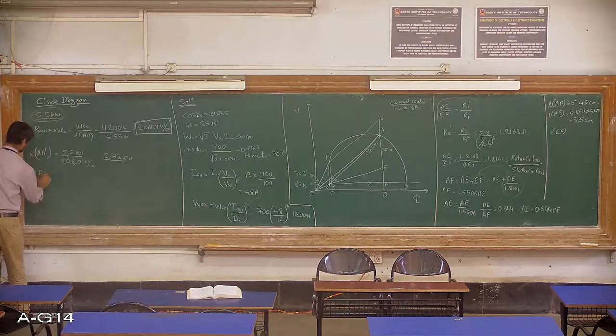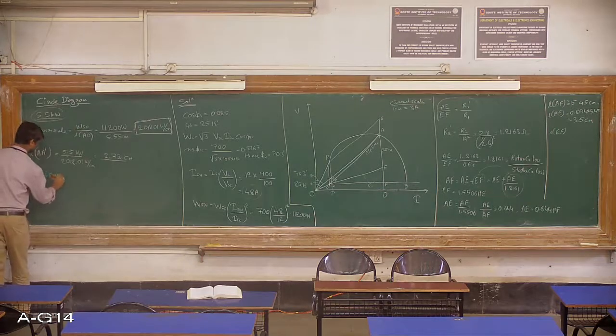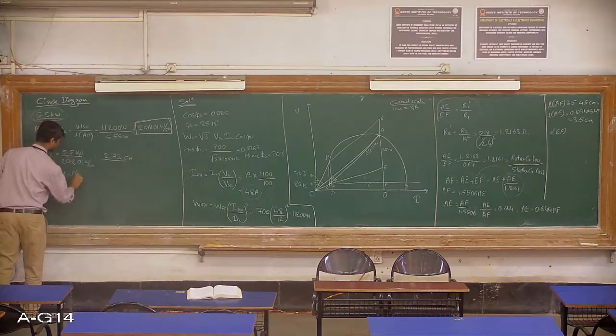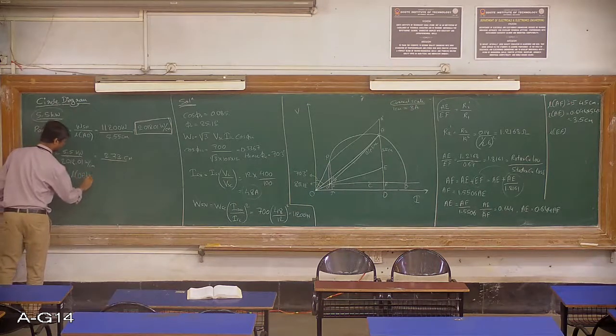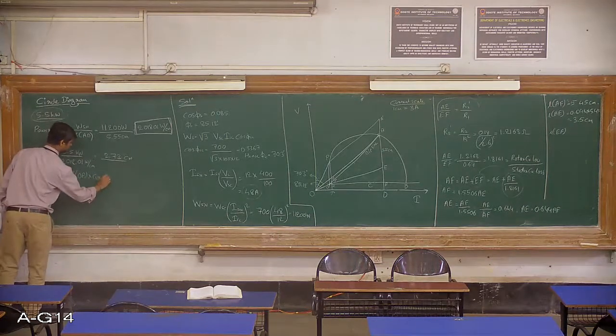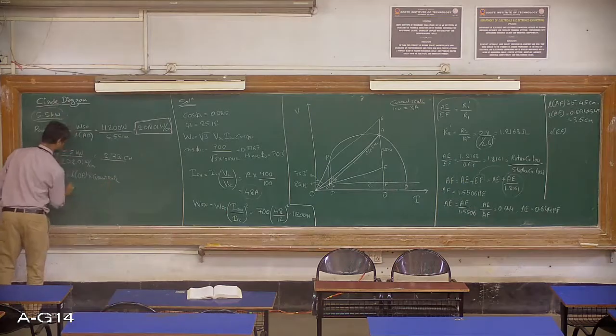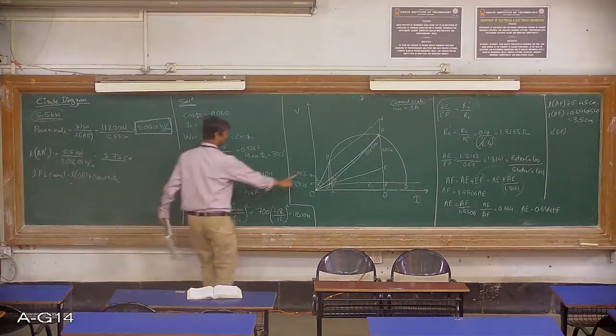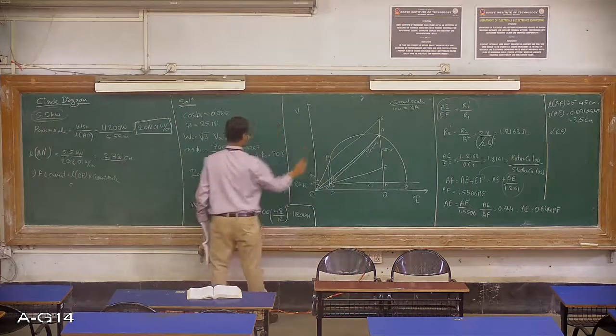Full load current is equal to the length of OP into the current scale.